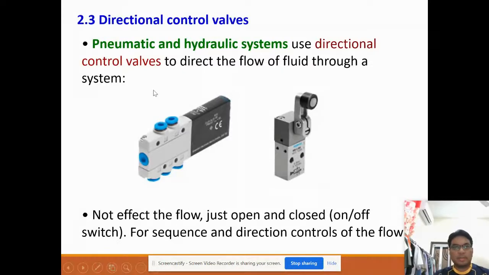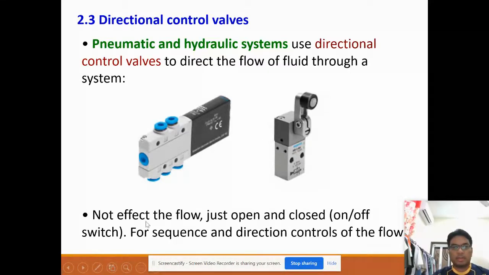Pneumatic and hydraulic systems use a directional control valve to direct the flow of fluid through the system. This is an example of a valve we use in pneumatic and hydraulic systems.